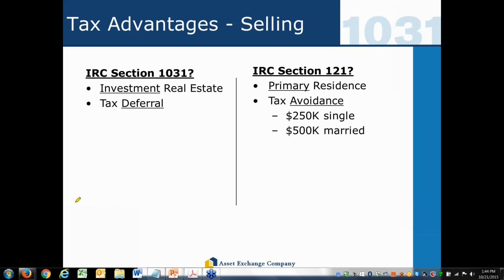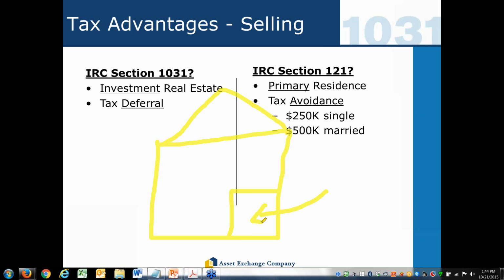Now, Alan wants to know, what about a client that has a home and they rent out a room? Or maybe they have a cottage in the back. Well, that's fine. So you have a 1-bedroom here that you rent out to a person. Well, what you're going to do with your CPA is figure out the percentage of the total property that you're renting out, and then that percentage can be exchanged.